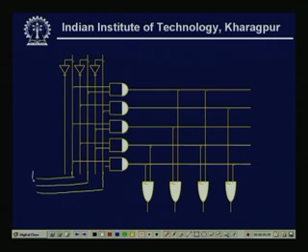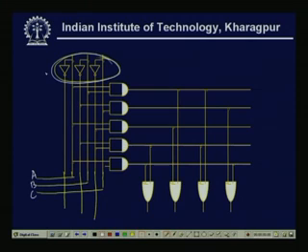So, this is A, B, C. Now, first what is done is that A complement, B complement and C complement have also been realized by using these inverters. These are the inverters. So, this is my A complement, B complement, C complement.